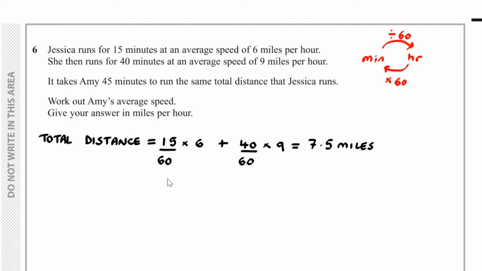So it takes Amy 45 minutes to run this distance. So what we need to do is convert this 45 minutes into hours by dividing it by 60. So her average speed, that's equal to the total distance, 7.5 miles.